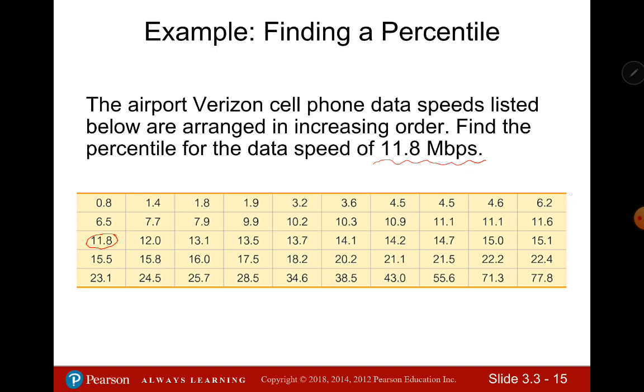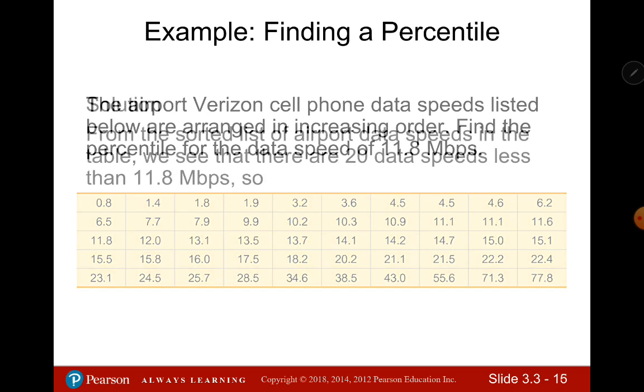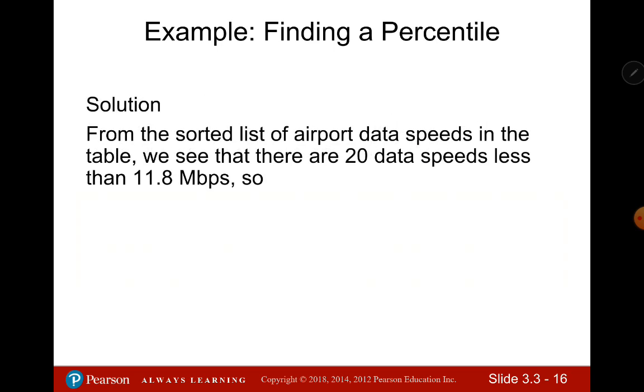Of course, here, the sample size is 50. We have 50 numbers in our data set. So by the formula, it's 20 values smaller than 11.8 divided by the 50 values we have in all, times 100. We will have 40. Then we know 11.8 is just P40.